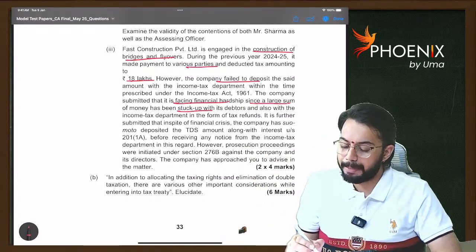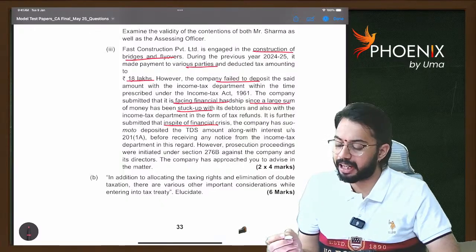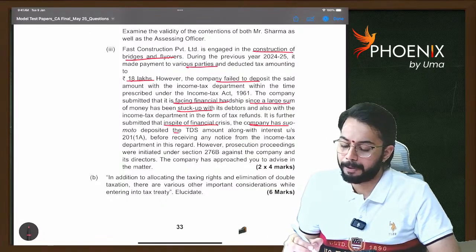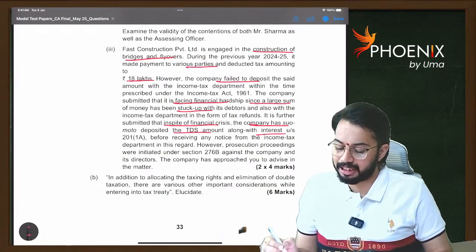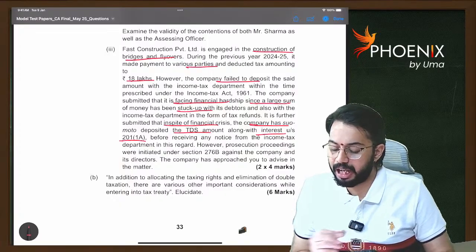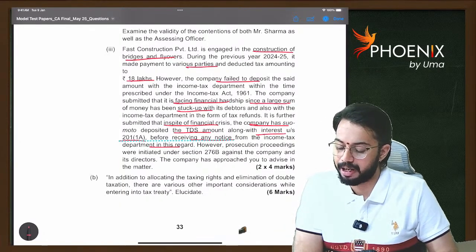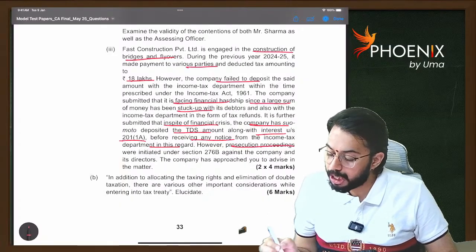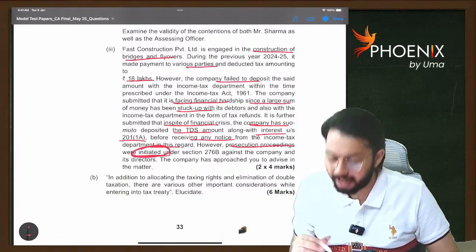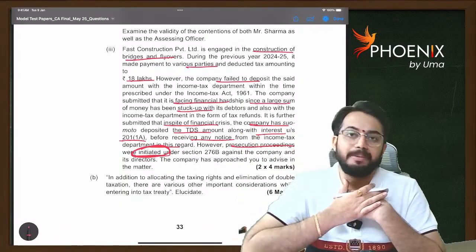It is further submitted that in spite of financial crisis, company has suo motu deposited TDS amount along with interest under section 201(1A) before receiving any notice from income tax department in this regard. However, prosecution proceedings were initiated. See, I am not having money.